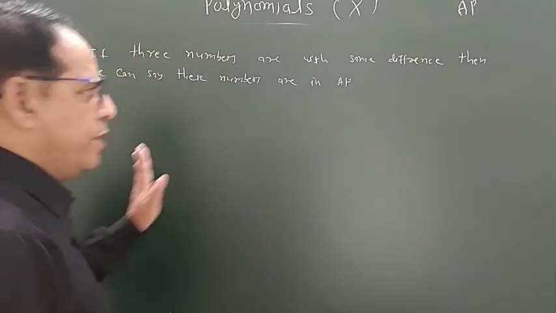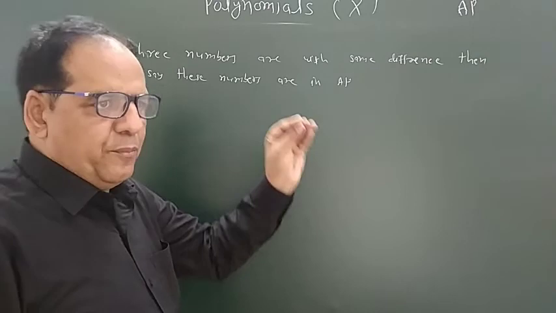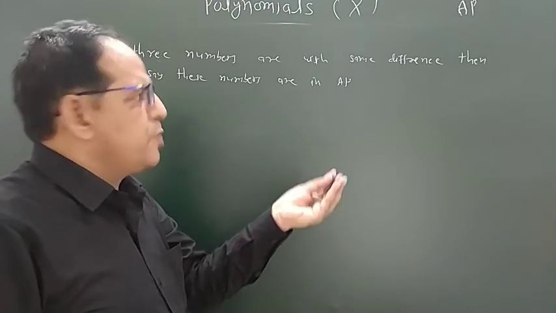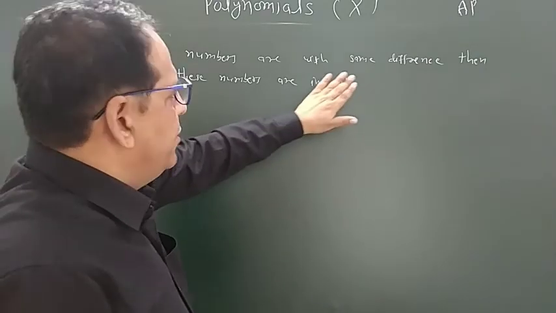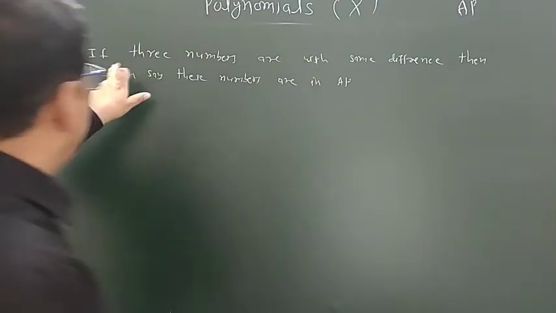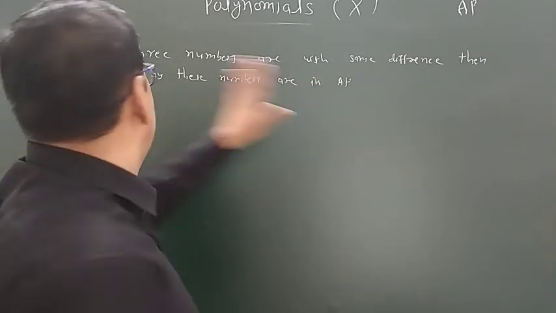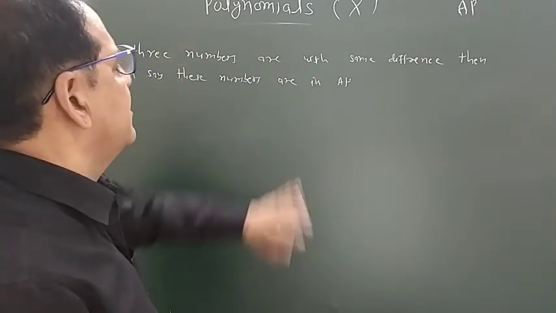We are not going too deep into this topic because we are taking only a short part of it, by using which we can solve questions based on polynomials. So if three consecutive numbers have the same difference, then we can say these numbers are in AP.